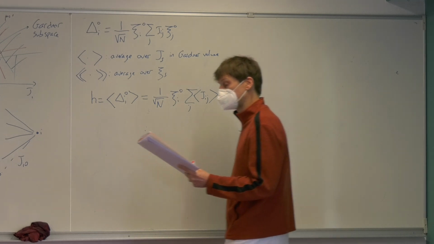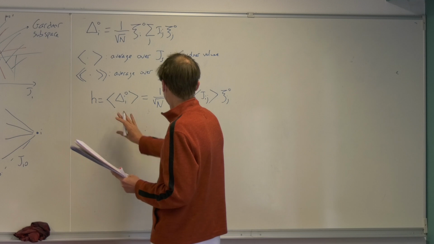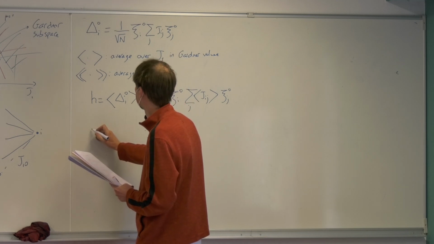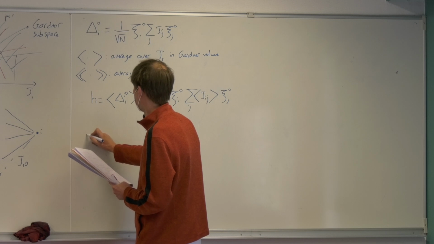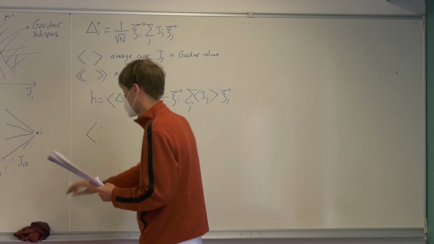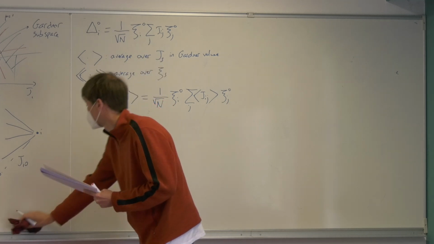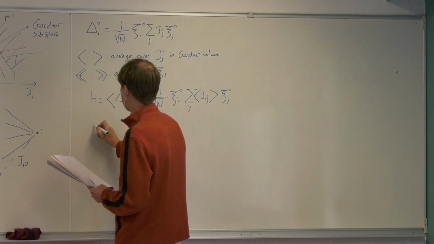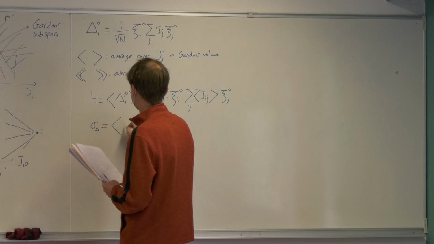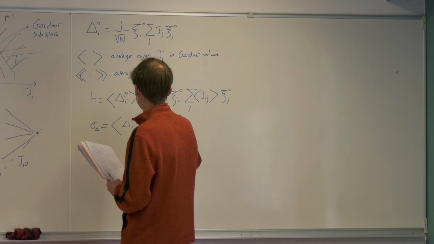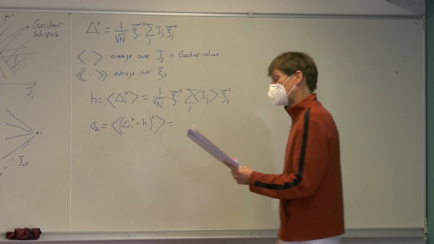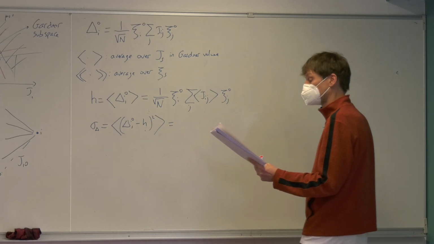Okay. And now let's compute the variance of delta. So we can compute, let's call this sigma delta, which would be basically the average of delta i0 minus h, squared.